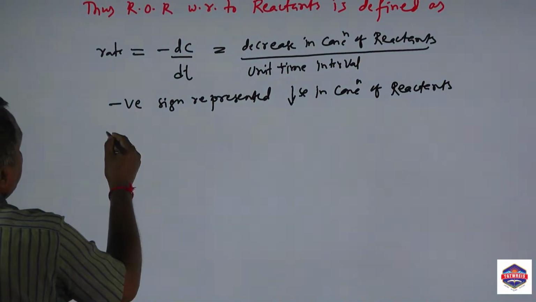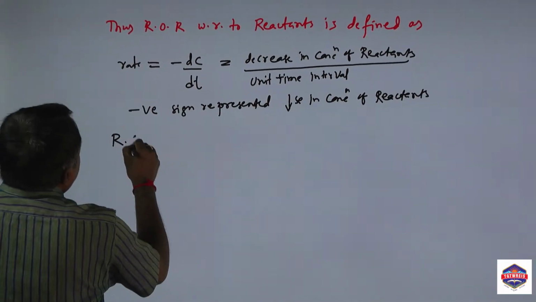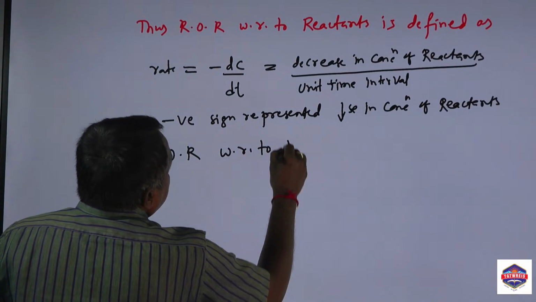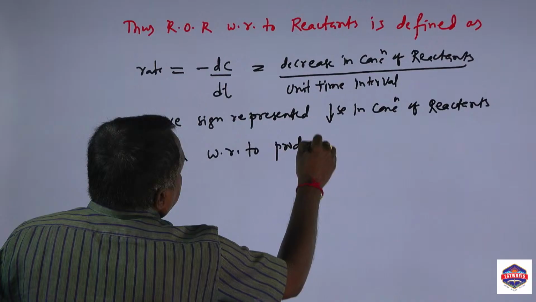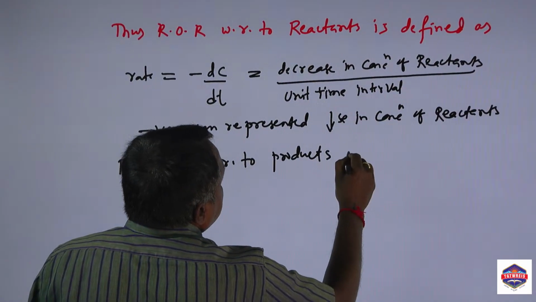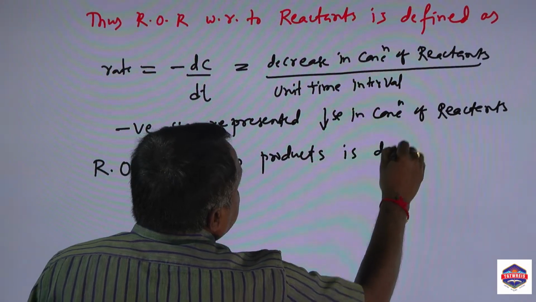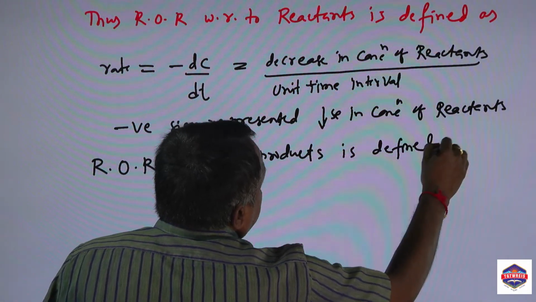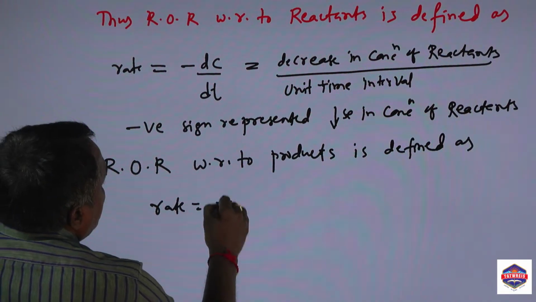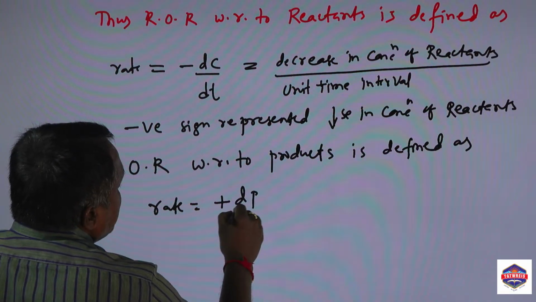At the same time, rate of reaction with respect to products, we can define in another way. So rate of reaction with respect to products is defined as rate is equal to plus dP by dt. P means product.